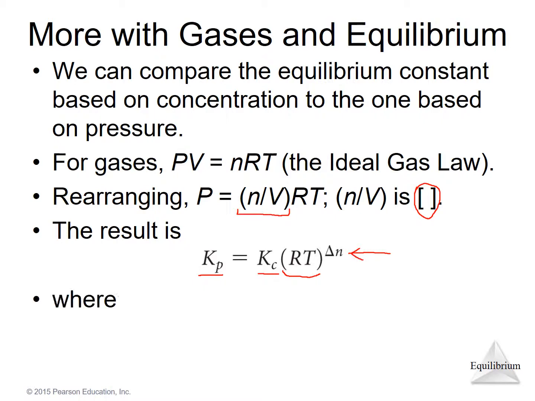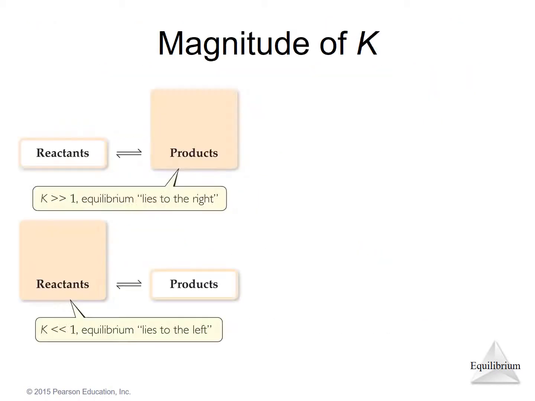Delta n is the change in the number of moles of gas from the reactant to the product. And if the number of moles of gas is the same on both sides of the reaction, delta n is 0, and then Kp equals Kc. Okay, now that's all we're going to say about that. One or two problems on that, and it's not going to be a big issue.